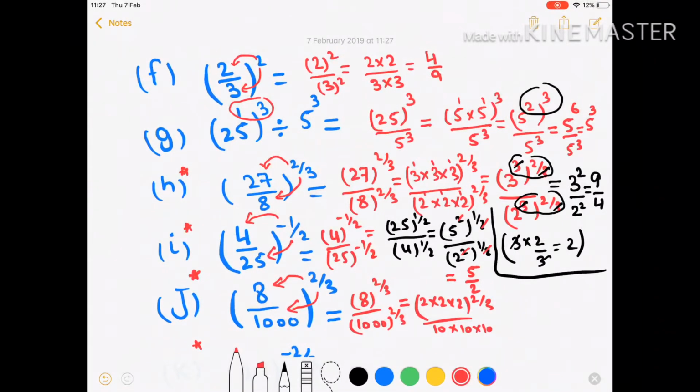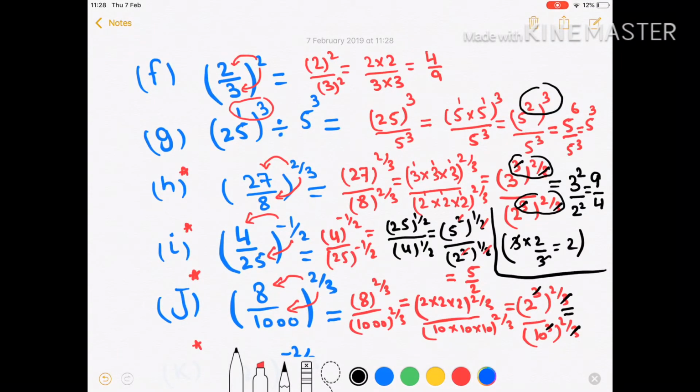It will become 1000. So at the top, again rule number 1: when you multiply the same thing, you have to add the powers. 2 to the power 3 and another power 2 by 3, and at the bottom 10 to the power 3 and another power is 2 by 3. Then by using rule number 3, raising one power to another, you have to multiply them. So you will cancel the 3's at the top in the powers, and at the bottom the 3's cancel in the powers.